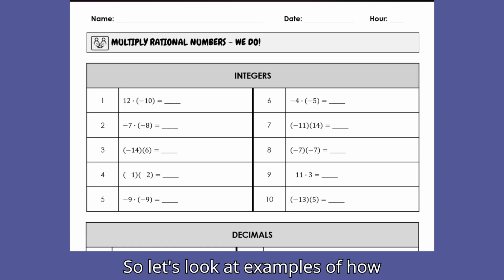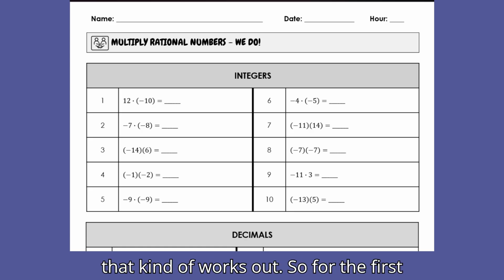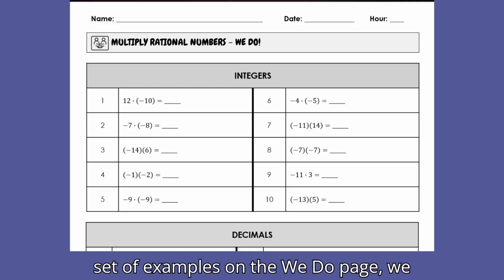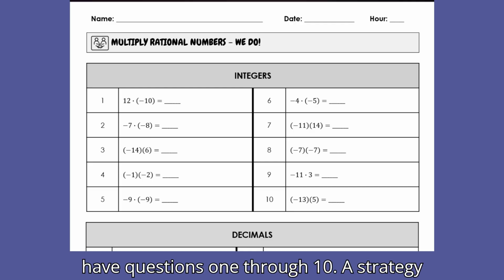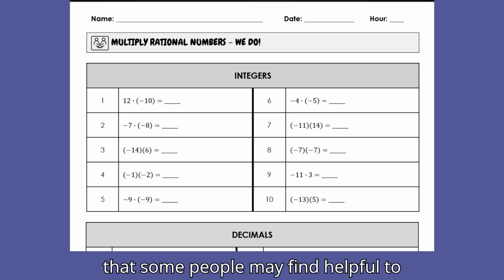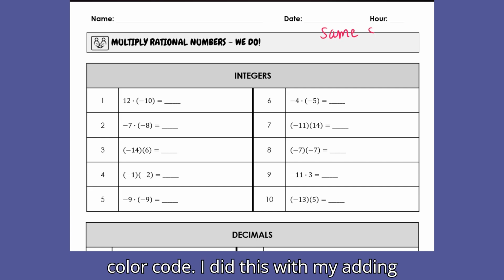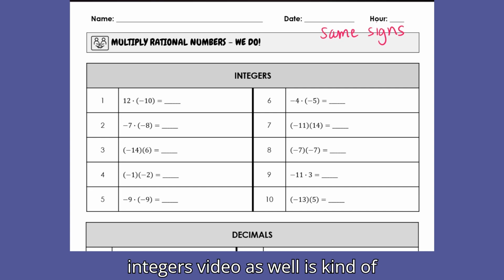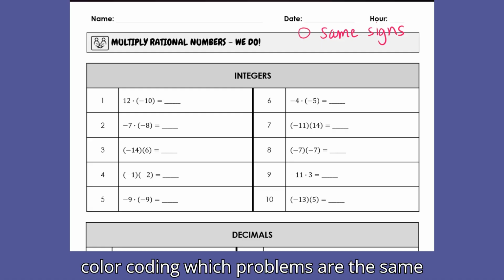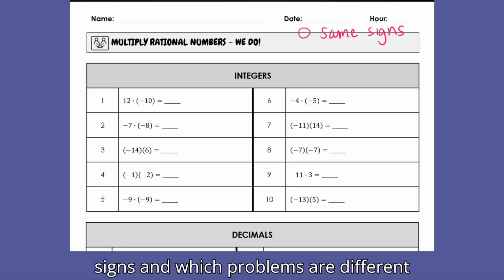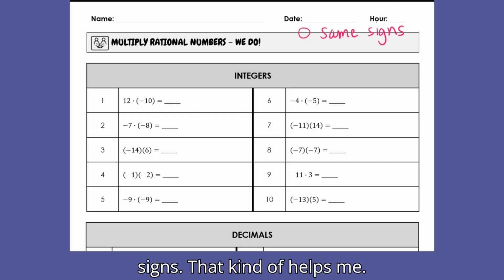So let's look at examples of how that works out. For the first set of examples on the We Do page, we have questions 1 through 10. A strategy that some people may find helpful is that sometimes I like to color code. I did this with my adding integers video as well. It's color coding which problems have the same signs and which have different signs.